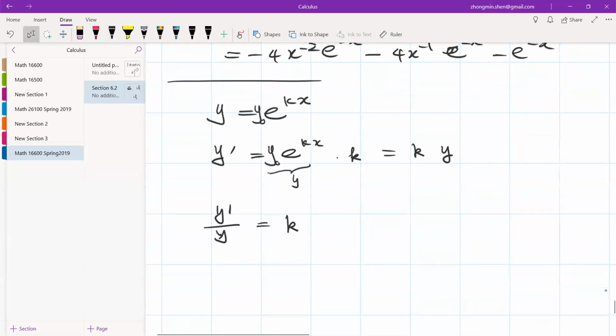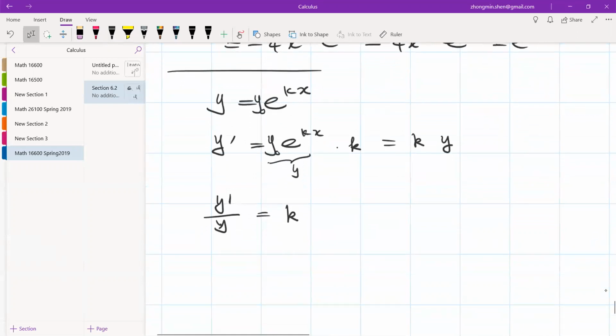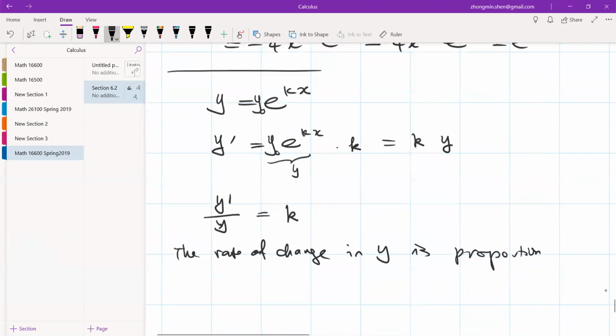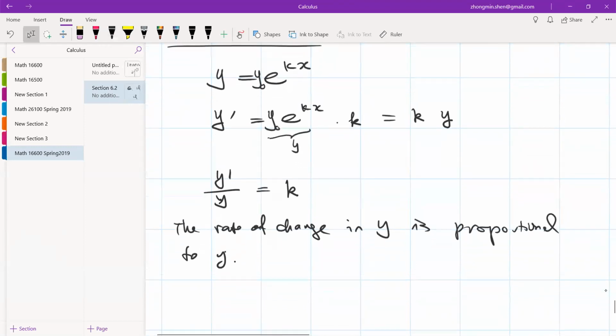So if y is y naught times e to the kx, then the derivative of y is proportional to y. So that means the rate of change in y is proportional to y. Okay? Conversely, if you get something like that, you can go back.